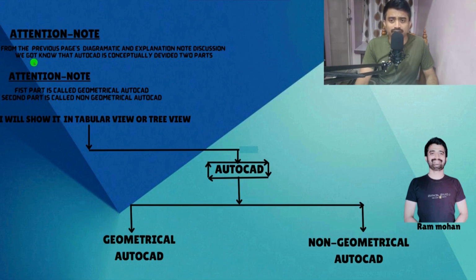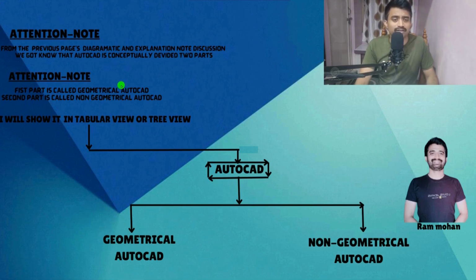Based on that, I just made this one. Attention note: from the previous page's diagrammatic and explanation notes discussion, we got to know that AutoCAD is conceptually divided into two parts. I just told that in that video, in that part only.